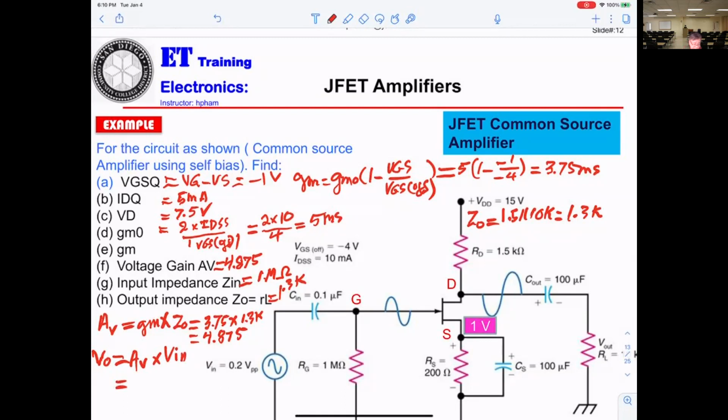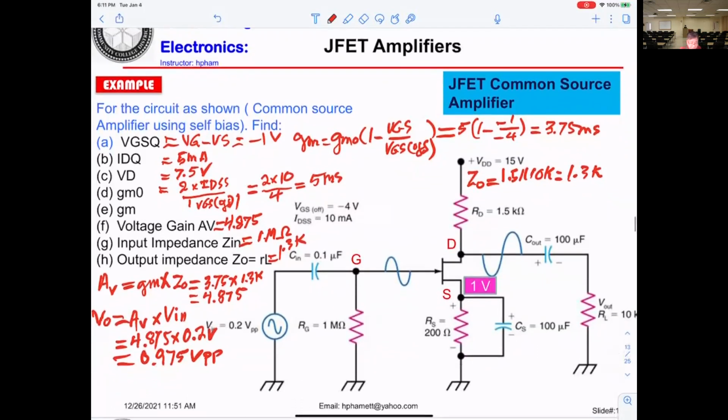AV will be 4.875 times 0.2, 0.975. That means this is a complete calculation for the common source amplifier.